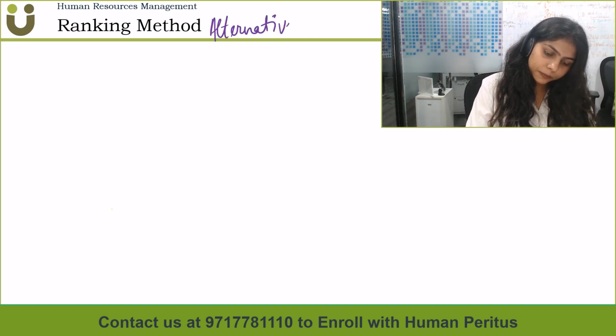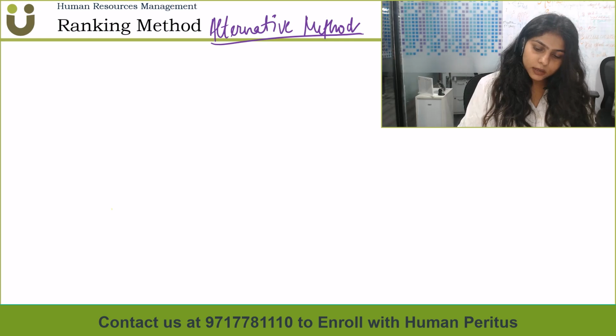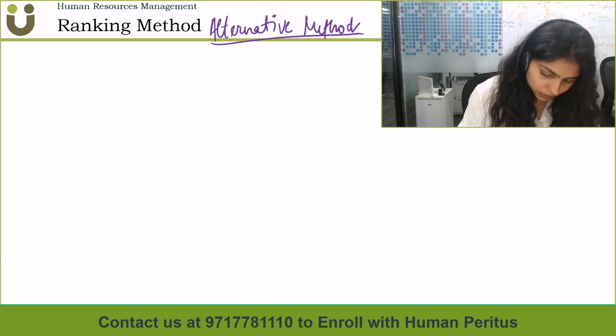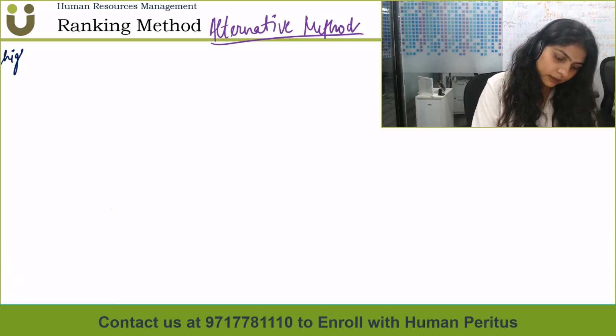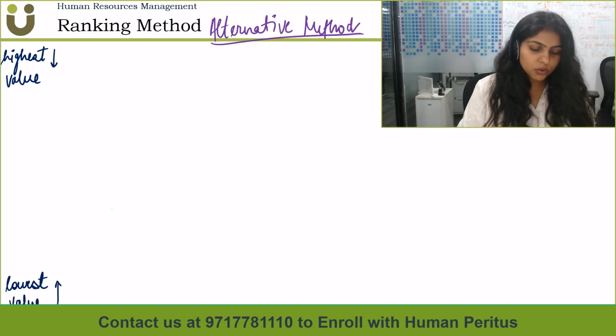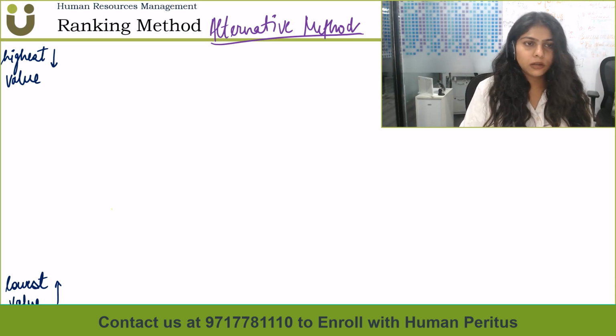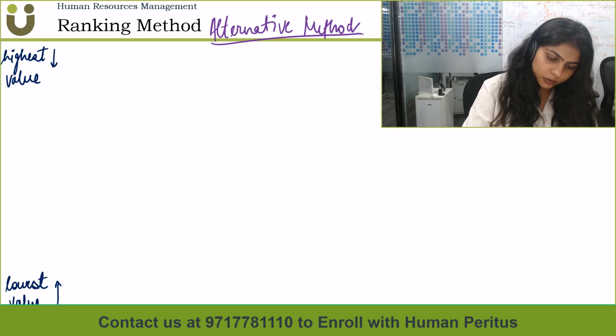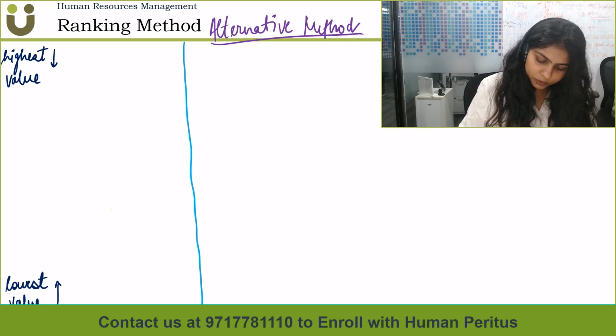Now we move on to the next method, which is the alternative method. To do this, I will write highest value here, and lowest value here. How do I actually rank these jobs? What are the options to choose from?